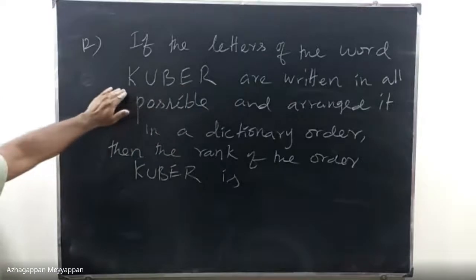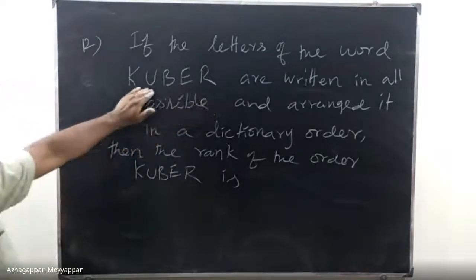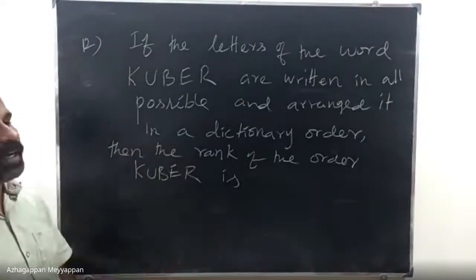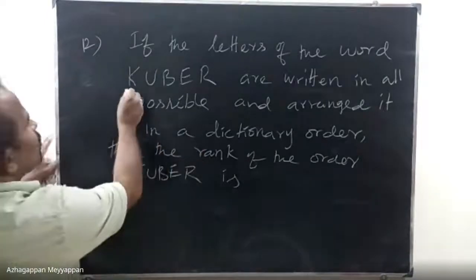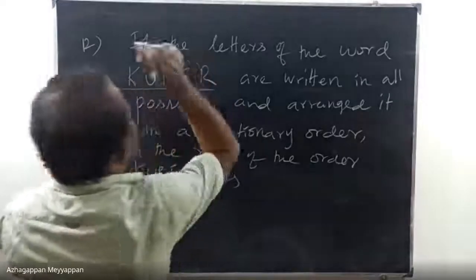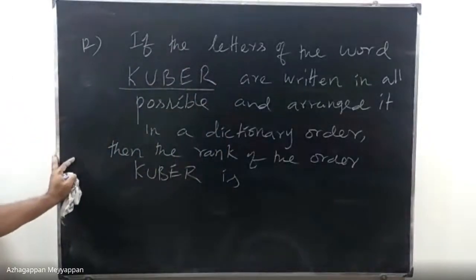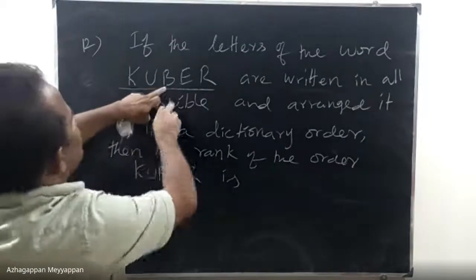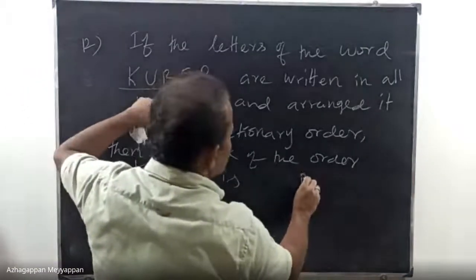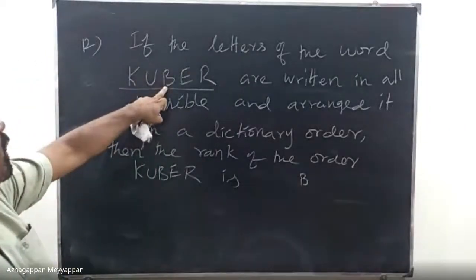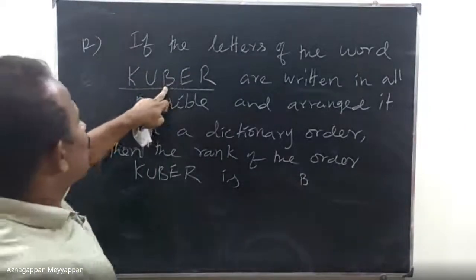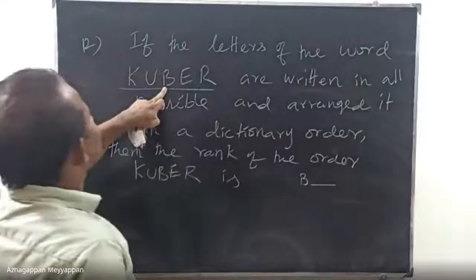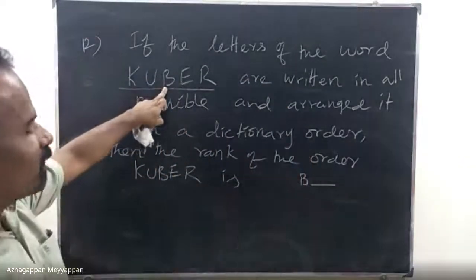We can make it for if the letters of the word are written in all possible ways and arranged in a dictionary order. Dictionary order means first you have to take B, and you can write all possible arrangements.